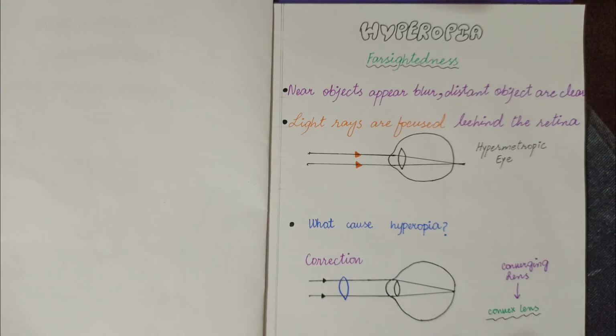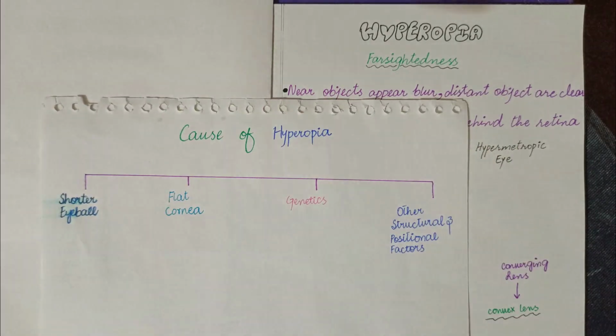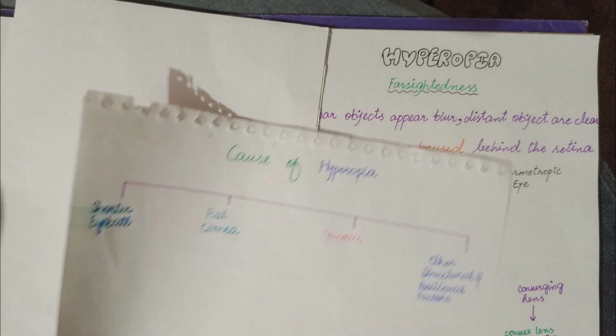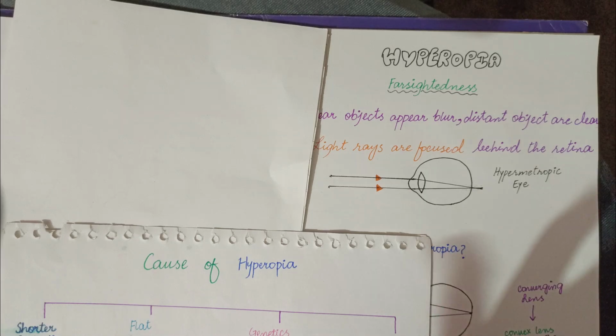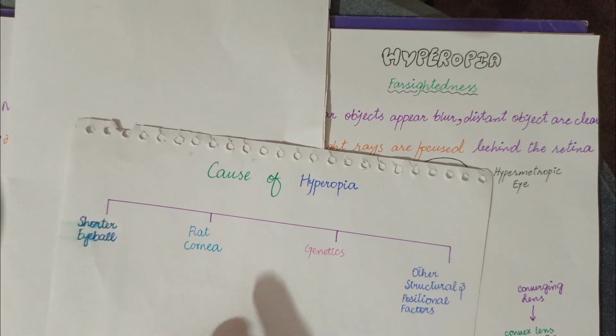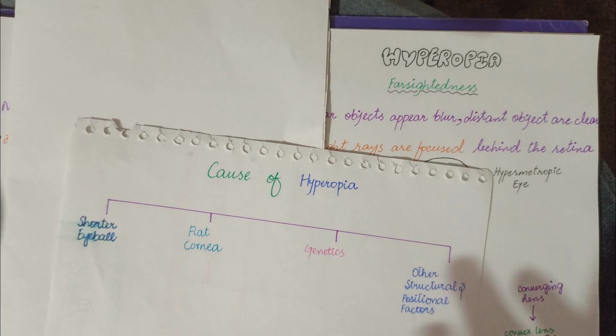What are the different causes of hyperopia? Let's see. First cause is a shorter eyeball. It means when the axial length of the eyeball decreases, it can lead to hyperopia. Flat cornea. A flatter cornea is also a reason behind hyperopia. And genetics. Genetics plays a big role in this as it does in myopia.